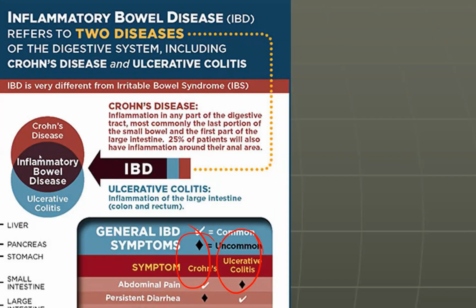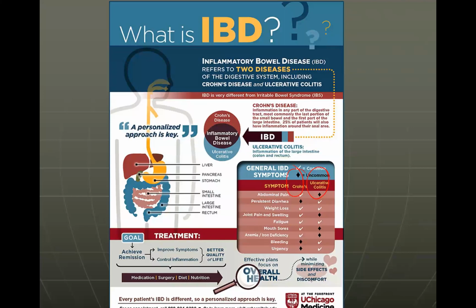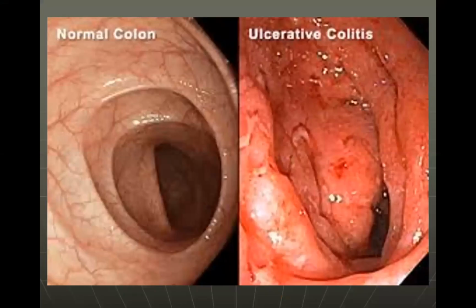Now, what happens is this is an inflammatory response. That means your own immune system attacks the organs. So your immune system is supposed to protect you, but sometimes it actually works against you. And when your immune system attacks you, that is obviously not a good thing.